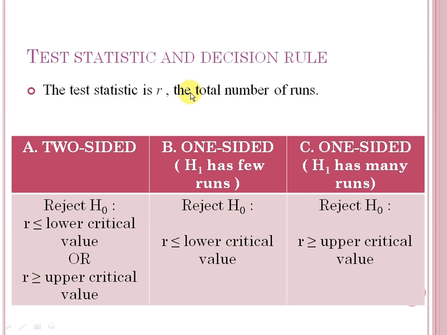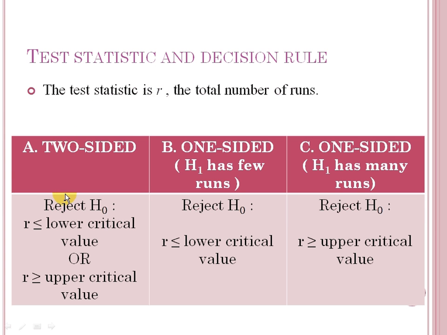The test statistic is R, which is the total number of runs. Like situations 1, 2, 3, we have 2 runs, 10 runs, and 5 runs. So the test statistic R is 2, 10, and 5.